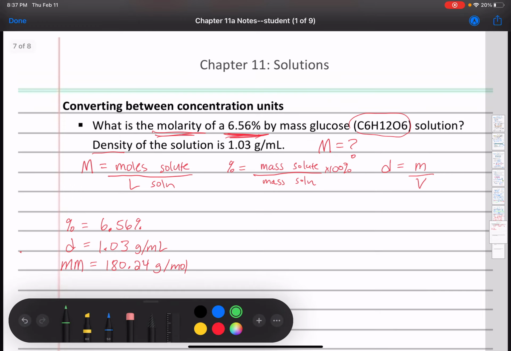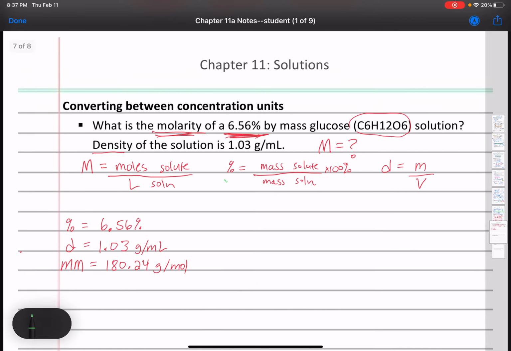So let me get my green pen out and start marking off. I have this percentage here, and I have this density here, and that's it. It doesn't feel like enough information to find anything. Well, let's say I'm going to draw a picture of this problem here.